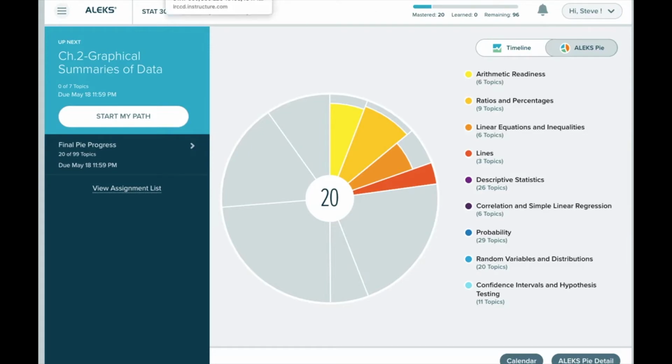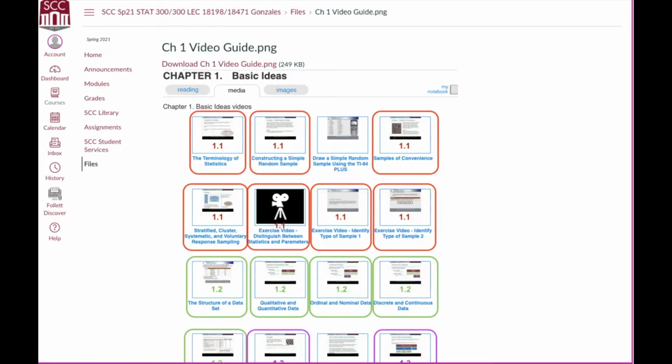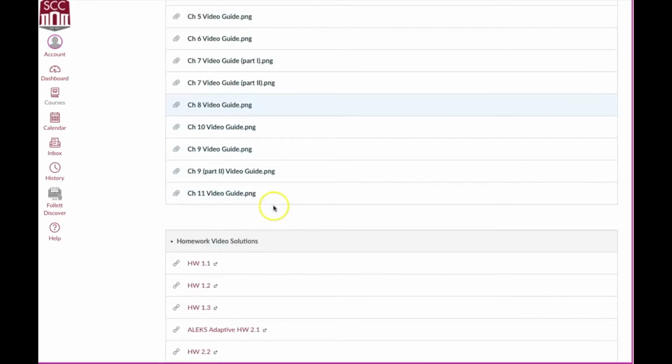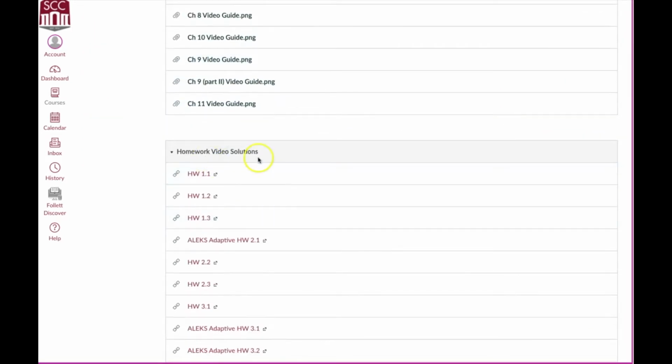If you go back to Canvas, and let's go to modules. If you look down here, this is called Homework Video Solutions. So when you do, and we have two types of homework problems. We have HW problems, which I call the assignment side, and ALEKS is changing their format a little bit, so it doesn't quite make as much sense, but it's the assignment side, or HW 1.1.